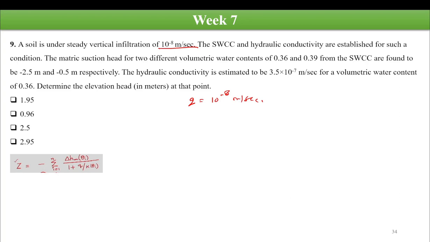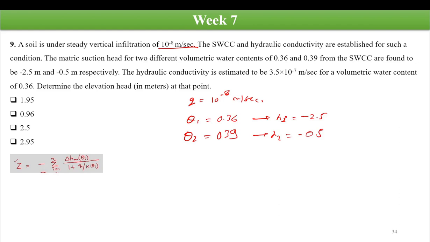The matric suction head for two different volumetric water contents, theta 1 is given as 0.36, theta 2 is given as 0.39. And from SWCC, the matric suction at this point, H1 is given as minus 2.5 and H2 is given as minus 0.5.